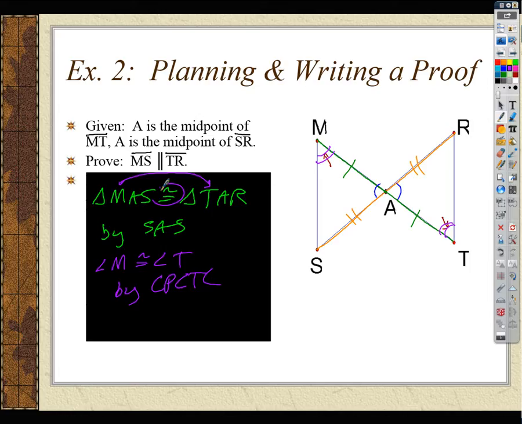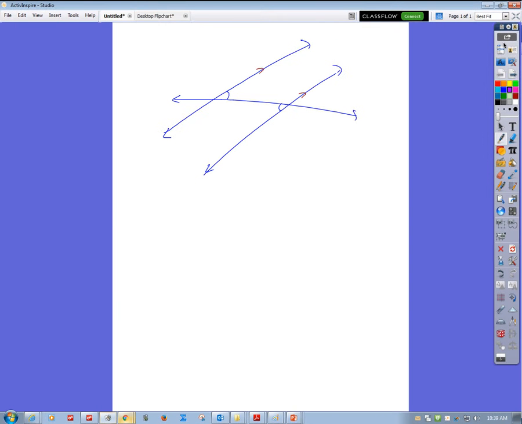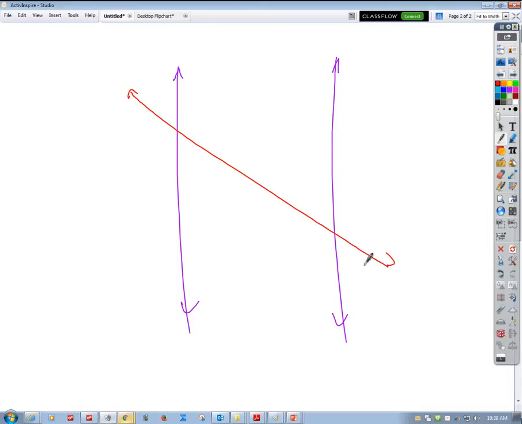Now that we know those angles are congruent, that's like saying what we've got right here, right? If I know we had two lines cut by a transversal, and we said that those angles were congruent, how do we know that the lines are parallel then, Abby?